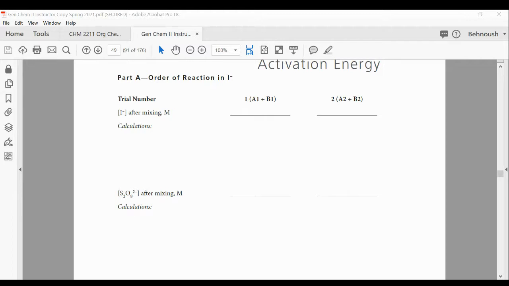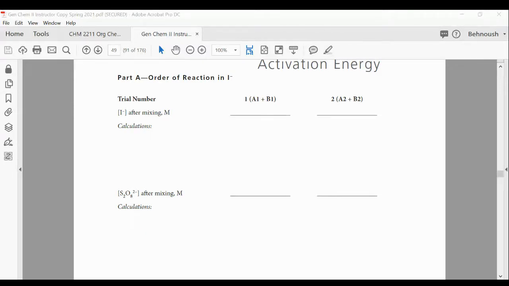You all know this formula already, so it's not a new discovery. If it says find the concentration for iodide after mixing, it's just saying when you change the volume, what would be the new concentration for iodide?